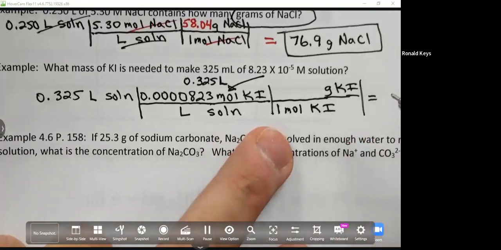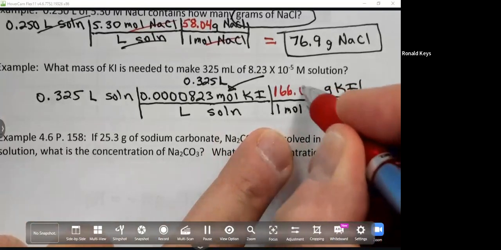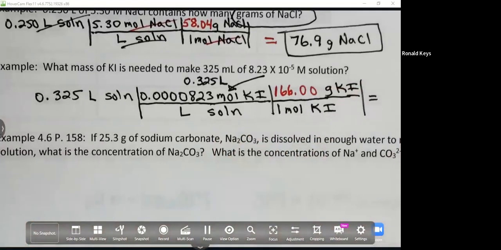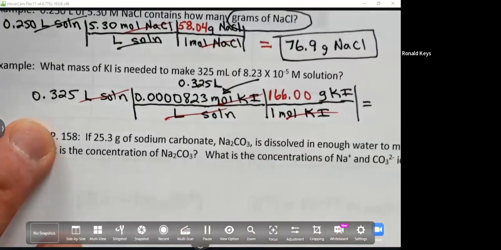And this would be grams, 166.00. So liters cancel out, moles cancel out.